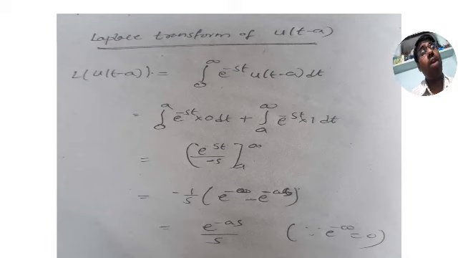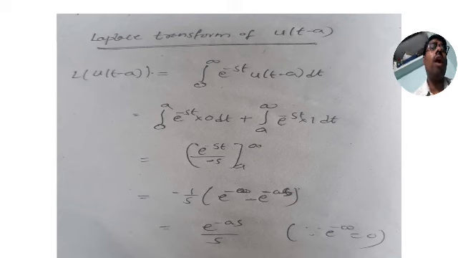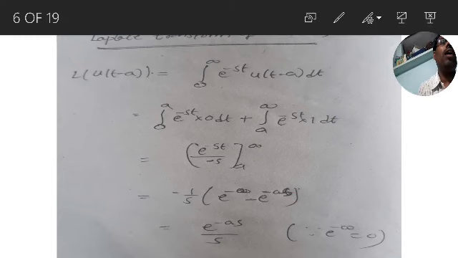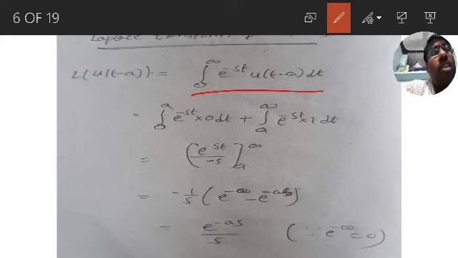Now instead of f of t we have u of t minus a, so in place of f of t, write u of t minus a. Therefore, the Laplace transform of the unit step function is the integration from 0 to infinity of e power of minus st into u of t minus a dt.